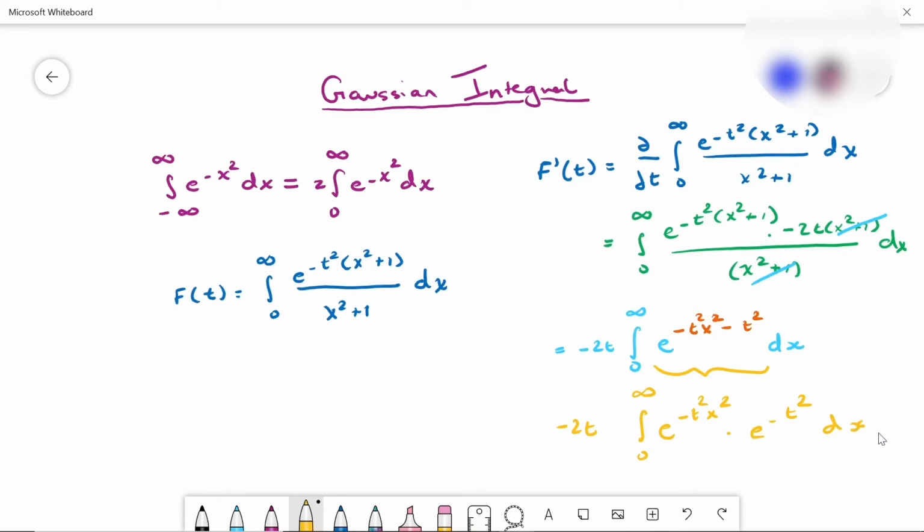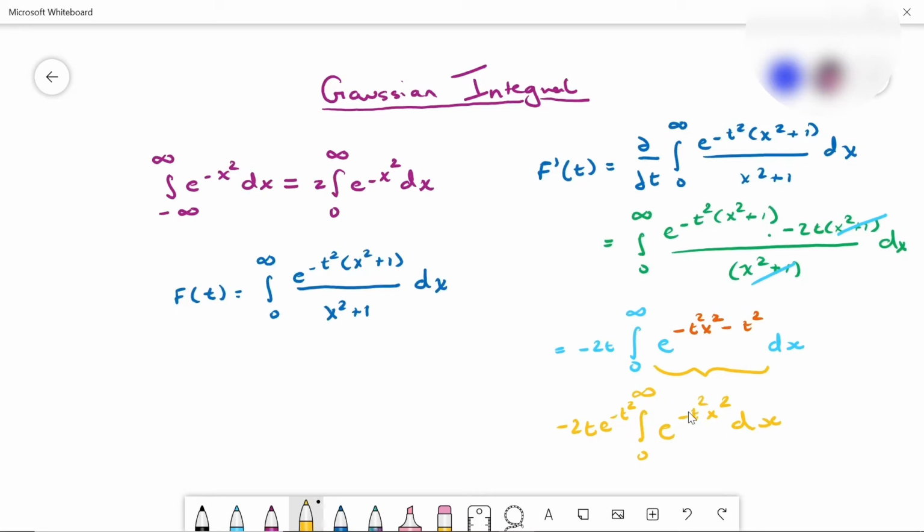Now this term here doesn't have an x in it, so we can just move the e to the minus t squared outside. Nice. So we've reduced this integral down to this.